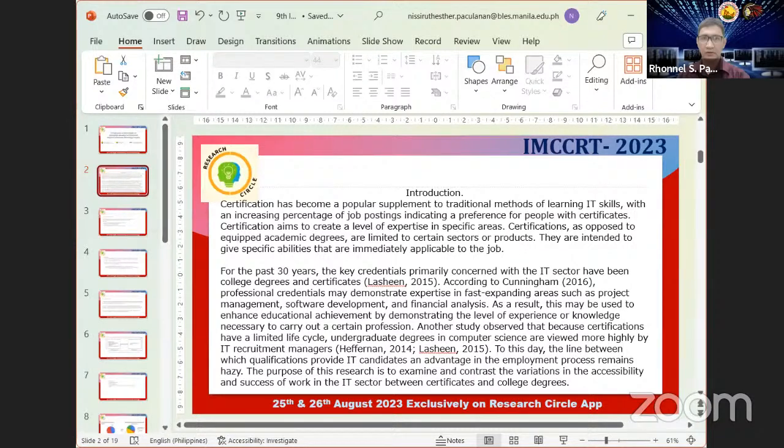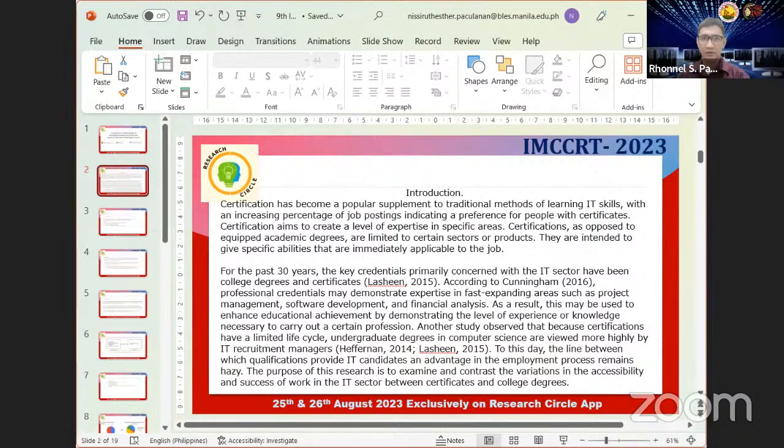For the past 30 years, the key credentials primarily concerned with the IT sector have been college degrees and certificates. According to Cunningham, professionals' credentials may demonstrate expertise in fast expanding areas such as project management, software development, and financial analysis.